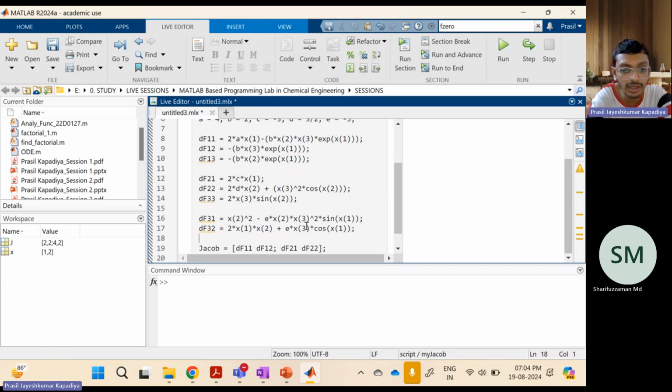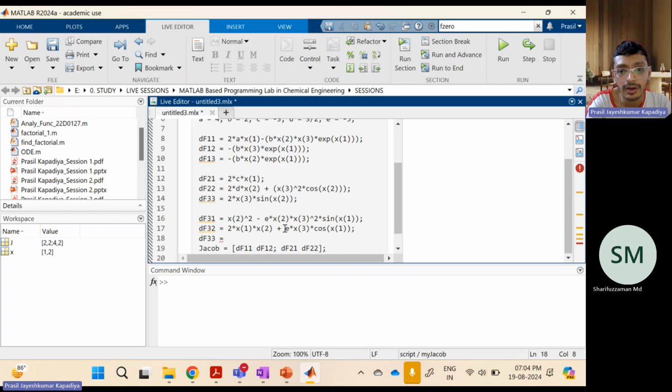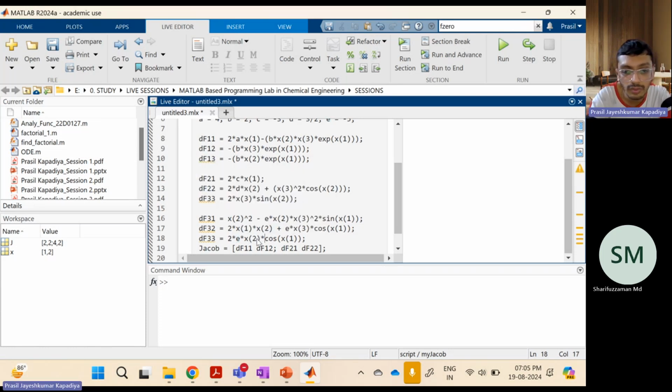Okay. And my third derivative with respect to 3. So it is just the term 2e x2 x3 cos x1. So I will just copy it from here and modify it. It is nothing but 2 into e into x2 into x3.